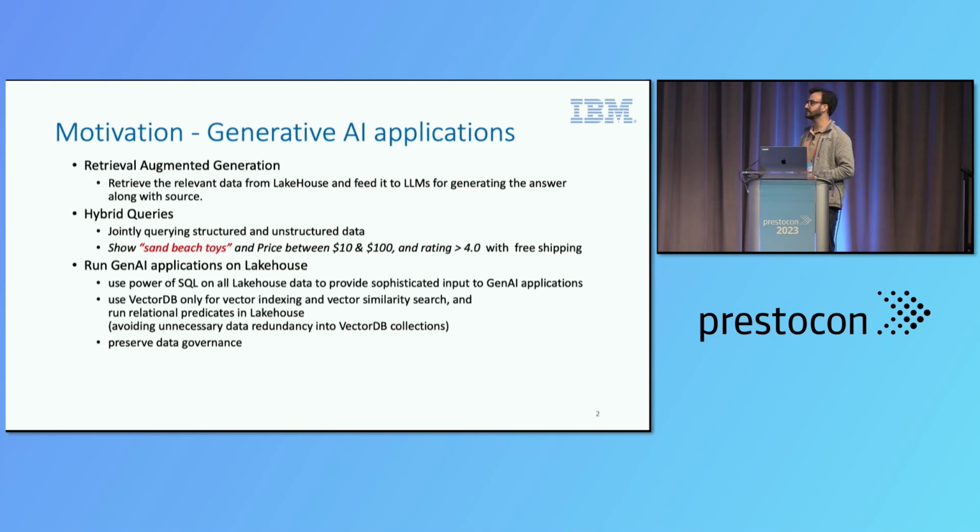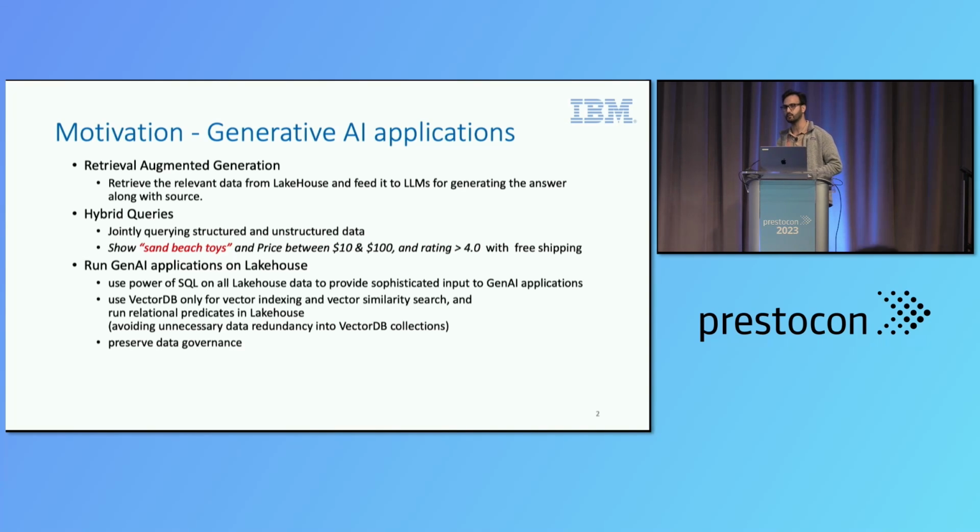So we want to run this generative application on the Lakehouse such that we use the power of SQL on all Lakehouse data to provide sophisticated input to LLMs. And second, we want to have a separation between vector databases and the relational data. In vector databases, we will only use them for vector indexing and similarity search, and we run the relational filters in the Lakehouse.